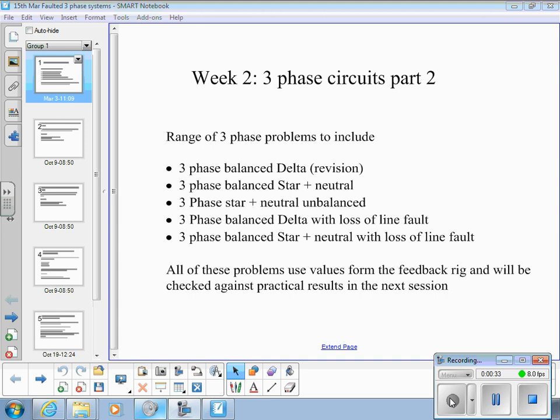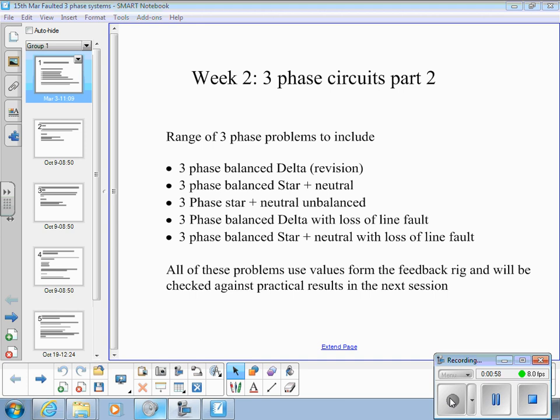Again, we looked at that last week, but now we'll do some problems, switch on our meters, see what the line and phase currents are, and confirm that our calculations are correct.